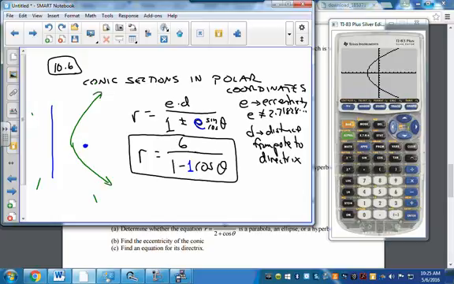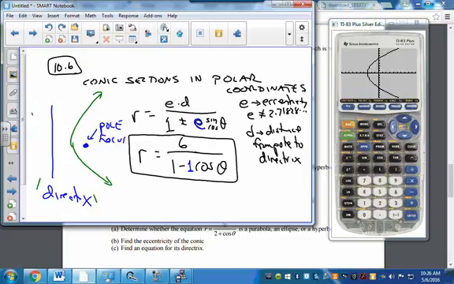Okay, and that's what you're seeing on the calculator. Now, what the calculator doesn't show is where's the directrix. The directrix is this line over here. It's to the left side of the pole. This is the pole. That's the focus. And this is the directrix.